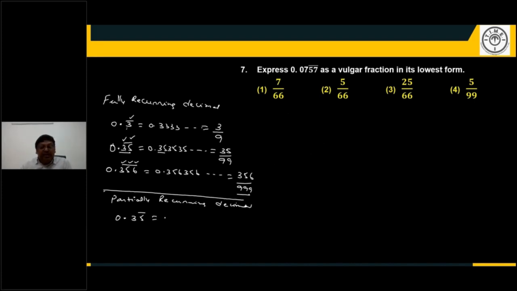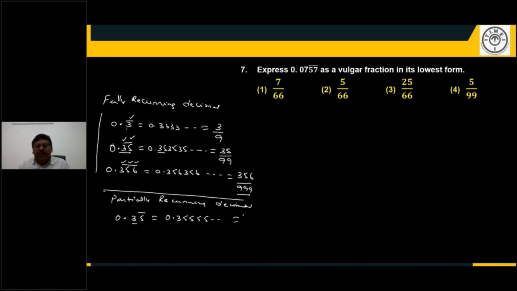That means only 5 is recurring, 3 is not recurring. It is like this. So what it is equal to, students, listen carefully. This is important. First one is too easy. Now, friends, this is also easy, but just need to remember this, please.